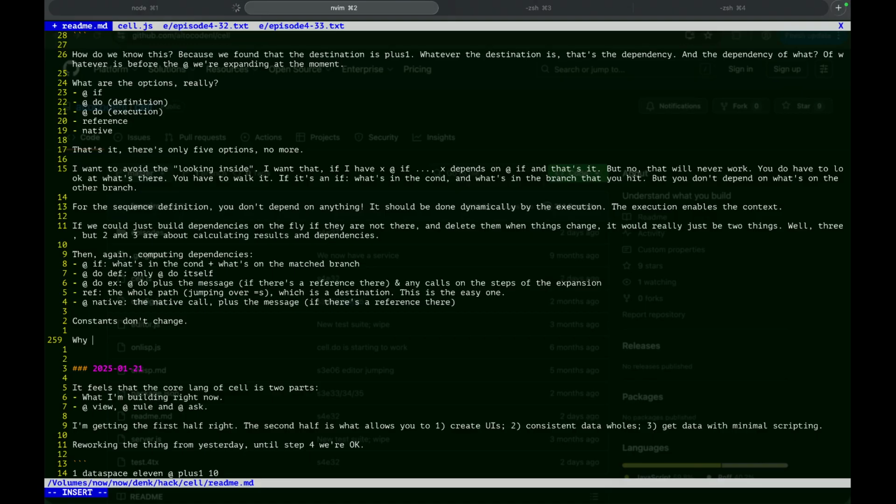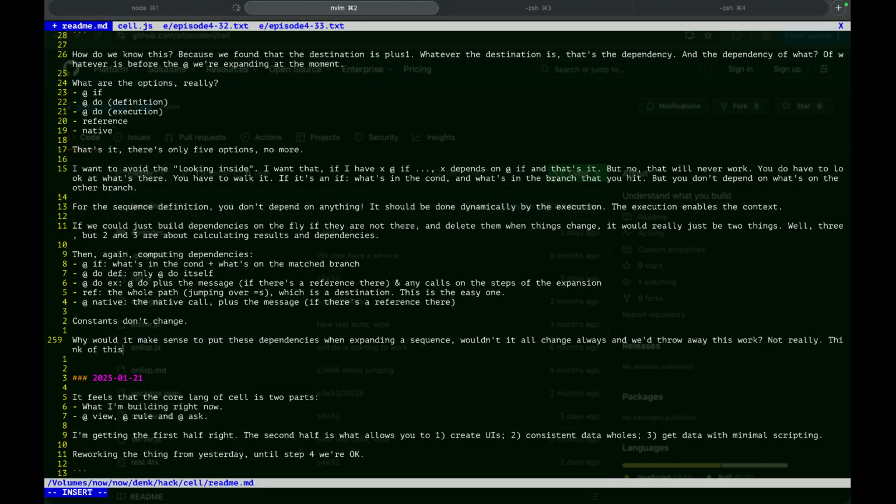Why would it make sense to put these dependencies when expanding a sequence? Wouldn't it all change always and we throw away this work? Not really.